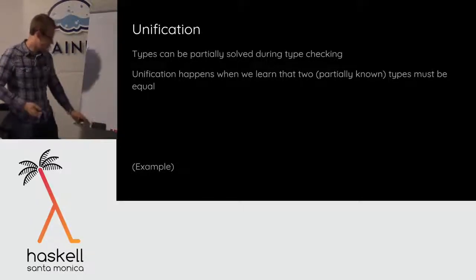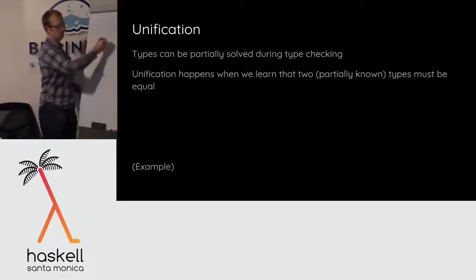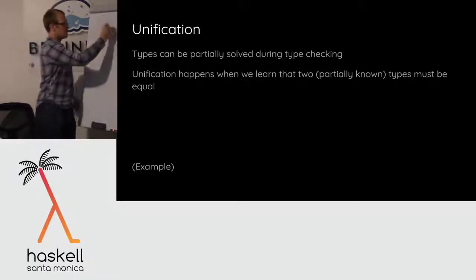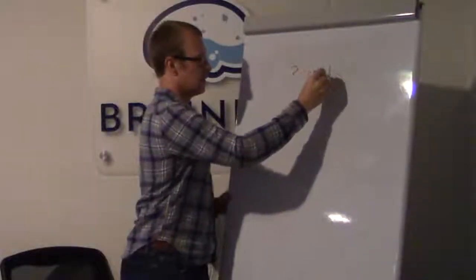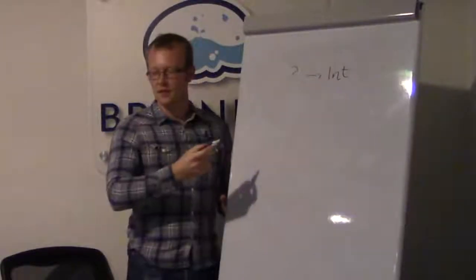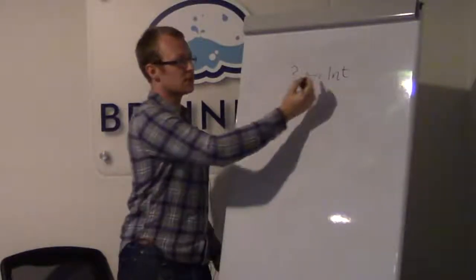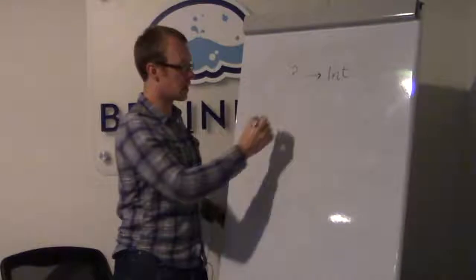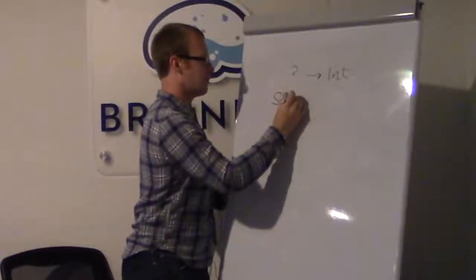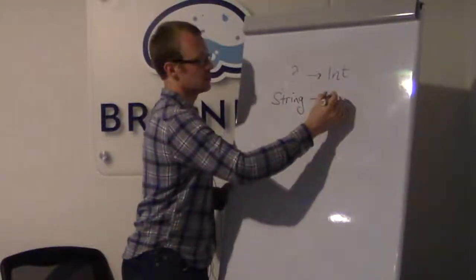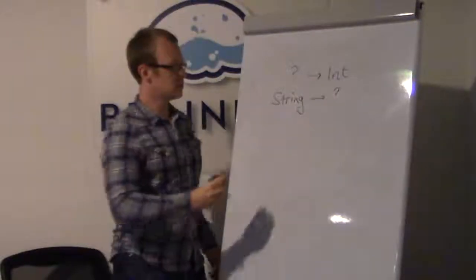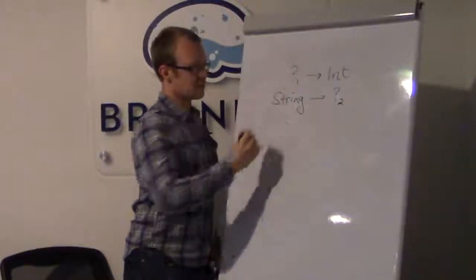So, for example, if I know that these two types are equal: a function from something that I don't know, so integers, okay, and a function from strings to something else that I don't know. These are different somethings, right?